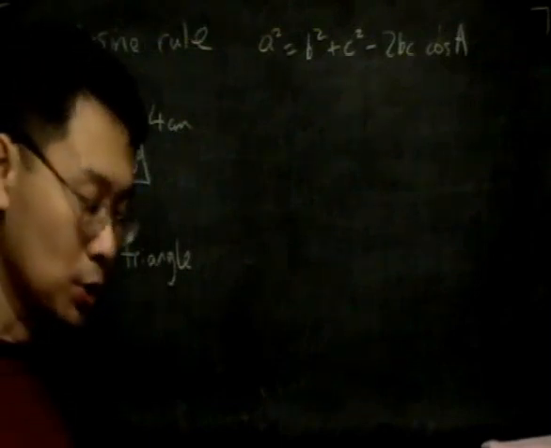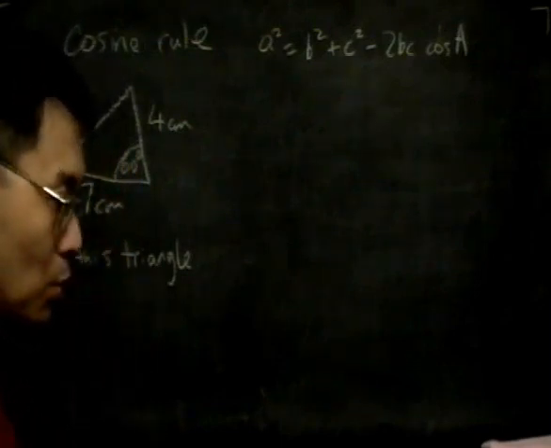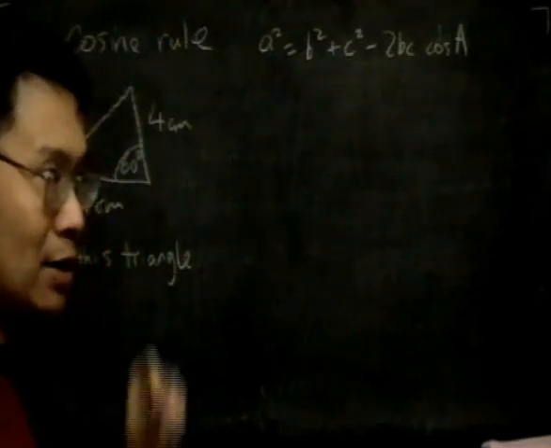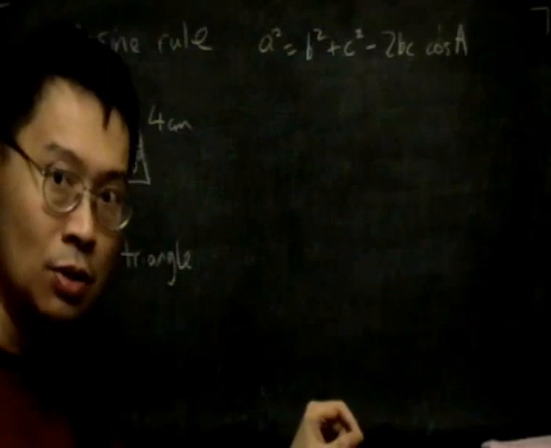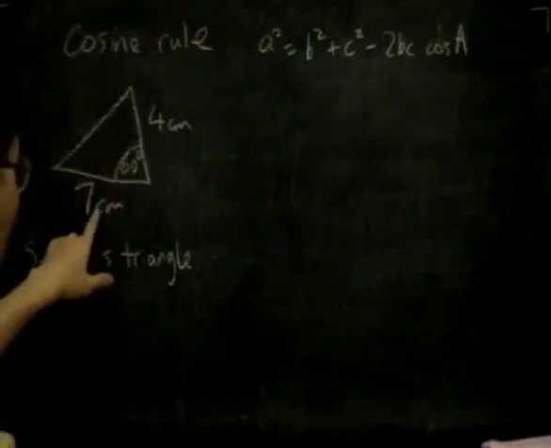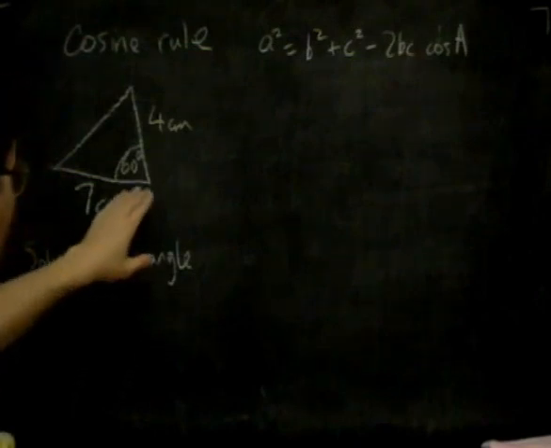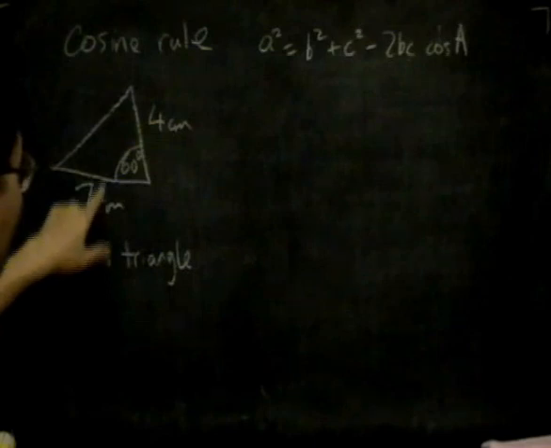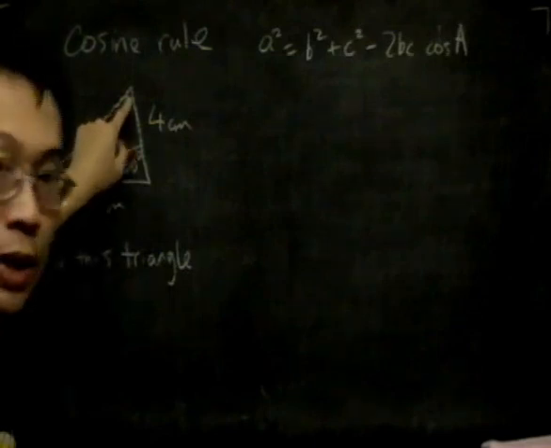But in this case, you'll find that it is not possible to use the sine rule, because in order to use the sine rule, you have to know a side of the triangle and an angle opposite that side. For example, if I know 7 centimeters for one side of the triangle, I must also know the opposite angle.